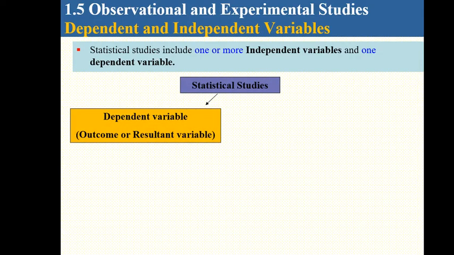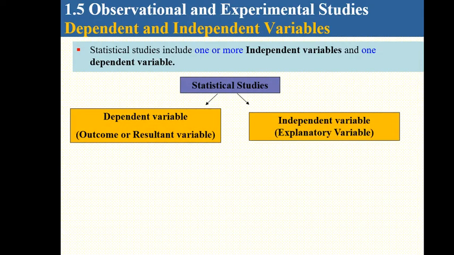Especially in inferential statistics, this happens a lot. We have two variables: the dependent variable, which is the outcome or resultant variable, and the independent variable, sometimes called the explanatory variable, because it affects the dependent variable somehow.